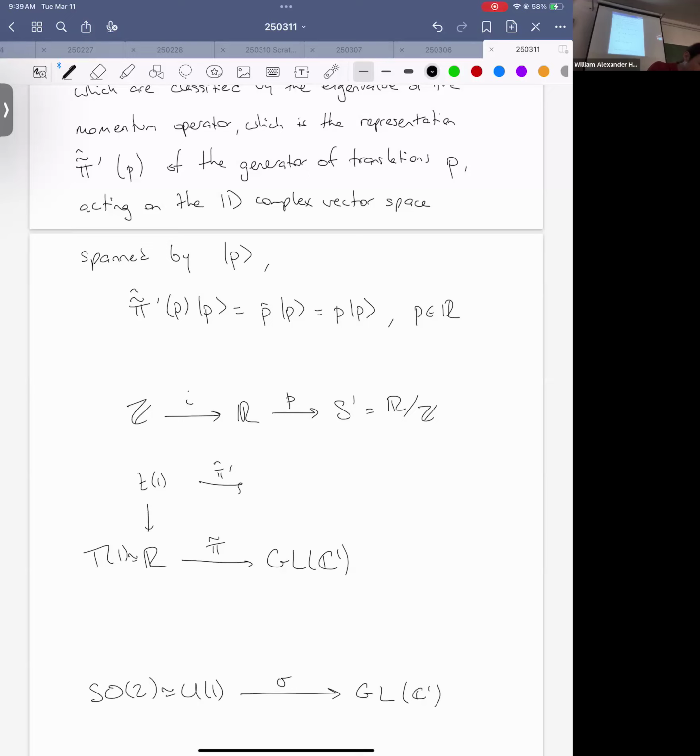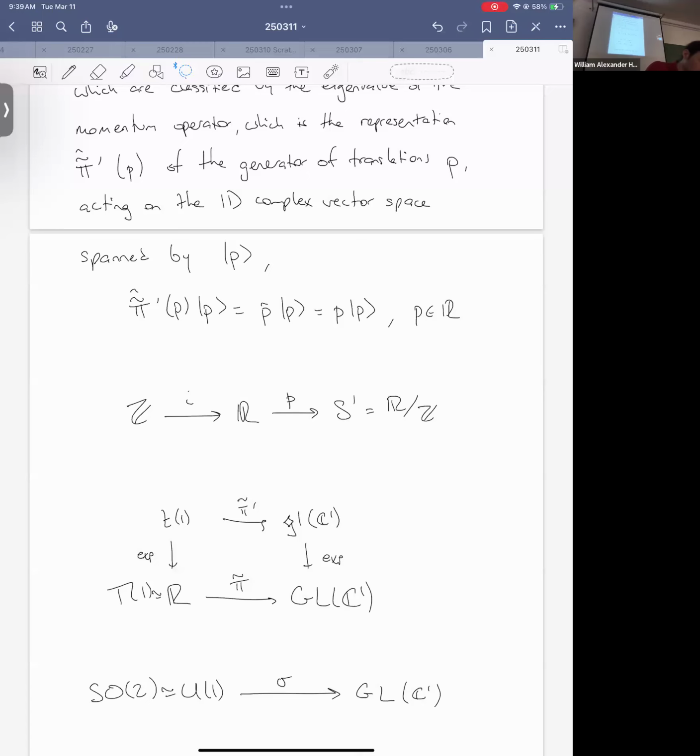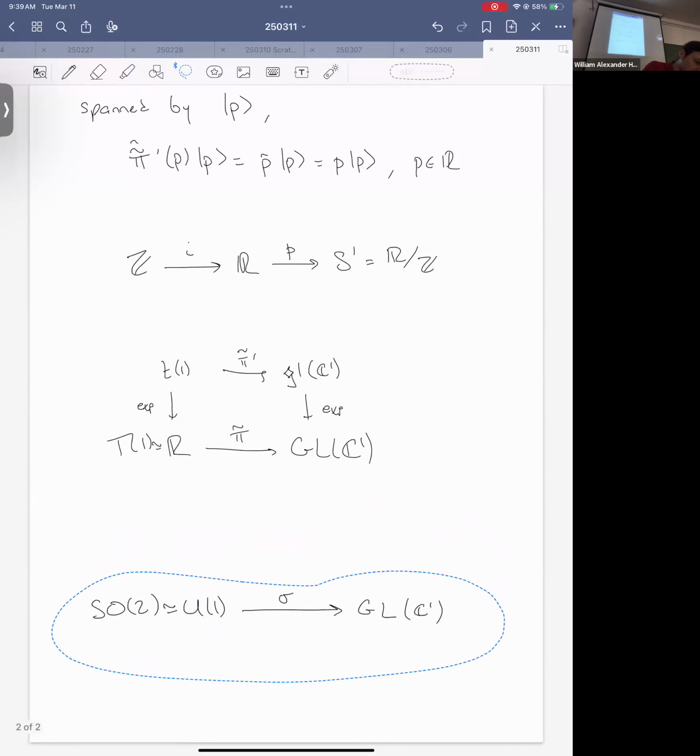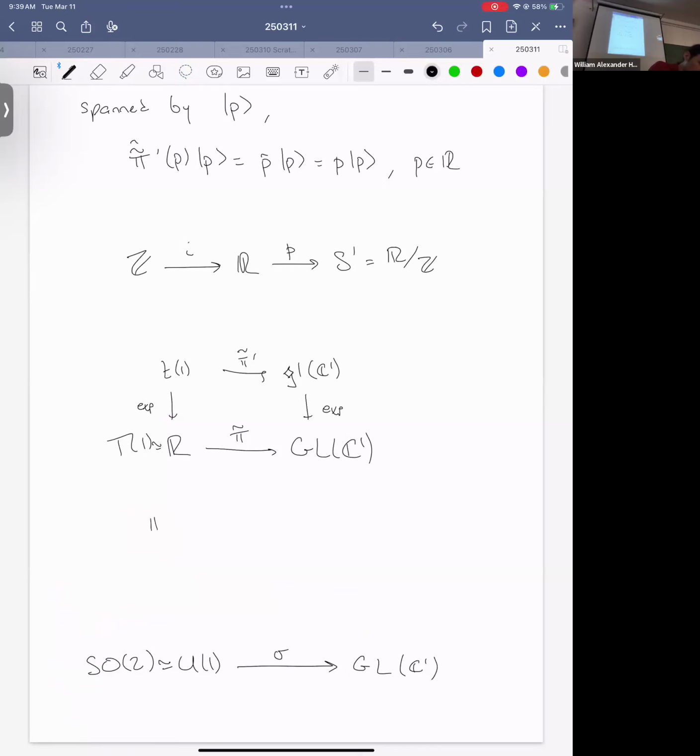And I'm going to call these twiddles because I'm in the universal cover. And then my GL C1. This is again my exponential map. So what we have is our pi twiddle prime of P being the generator. So P lives in here. Goes to a P hat. My P hat lives in here.